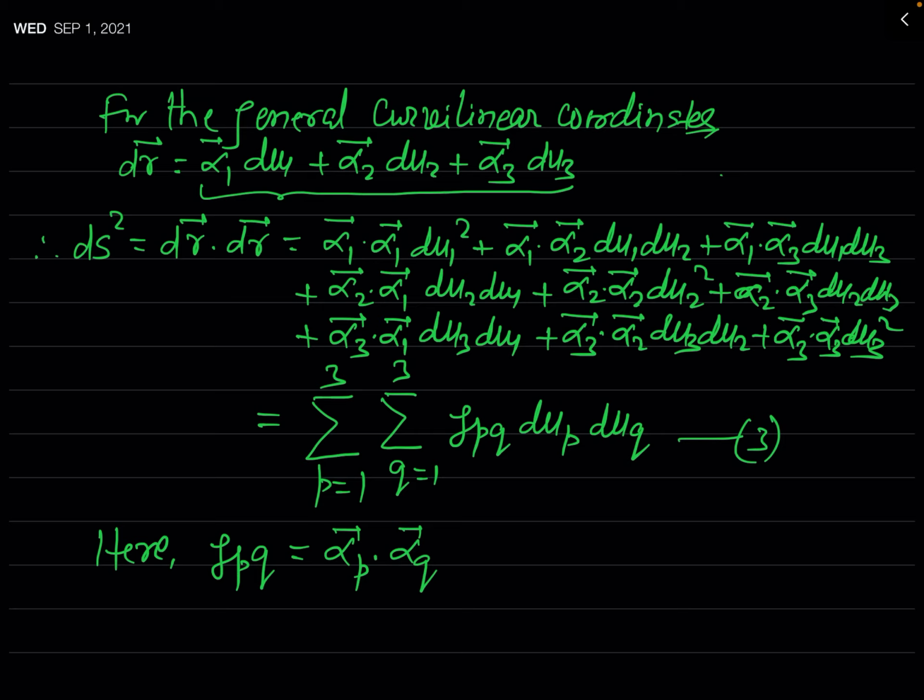Actually, this quantity g_pq is known as the fundamental quadratic form or metric form. In the previous lecture you have seen already this quantity, this metric g_pq. So you can say that this quantity g_pq is known as fundamental quadratic form or metric form.